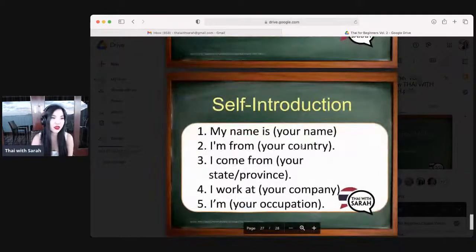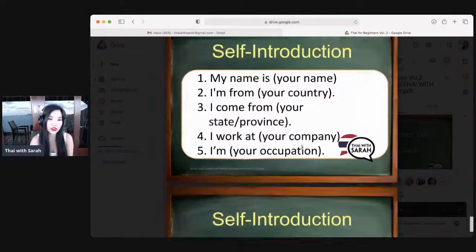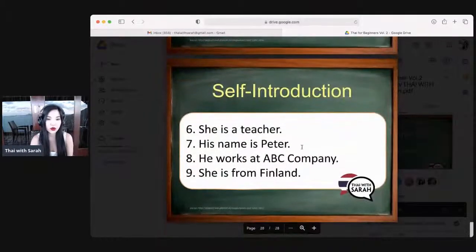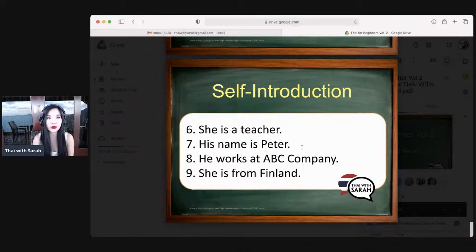So key phrases. In Volume 1, I was teaching self-introduction and greetings. Only simple greetings. I don't do colloquial greetings in Volume 1 for a reason, because colloquial greetings involve other structures that are probably too complicated for a total beginner. That's why I do simple greetings only.